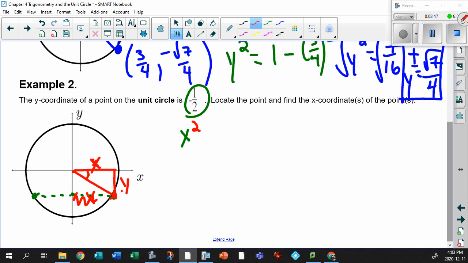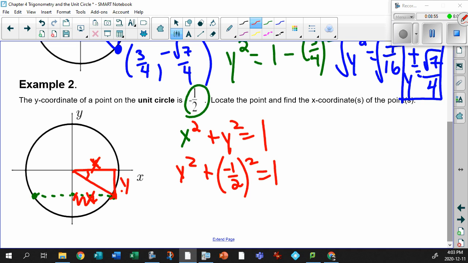So x squared plus y squared equals 1. X squared plus minus 1/2 squared equals 1. So the negative is gone, making this x squared plus 1/4 equals 1. Let's finish it off over here.